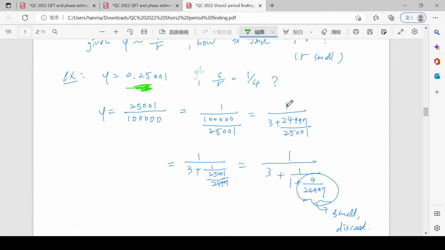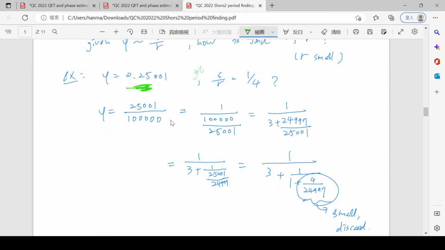Let's now write down the exact algorithm, because it's pretty easy to see this through an example. So this is how the algorithm works. You start with your phi equal to 0.25001, and you write it as something divided by something. So you write this as s over r, so it's 25001 divided by 100000.